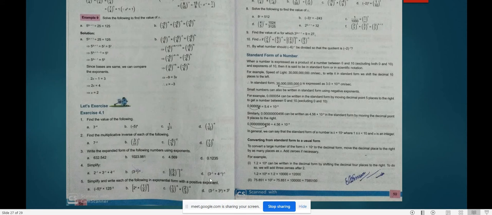Now question number 4. Here there are 2 questions. I'm showing you 2 to the power minus 1 plus 3 to the power minus 1 plus 4 to the power minus 1. Simplify this.